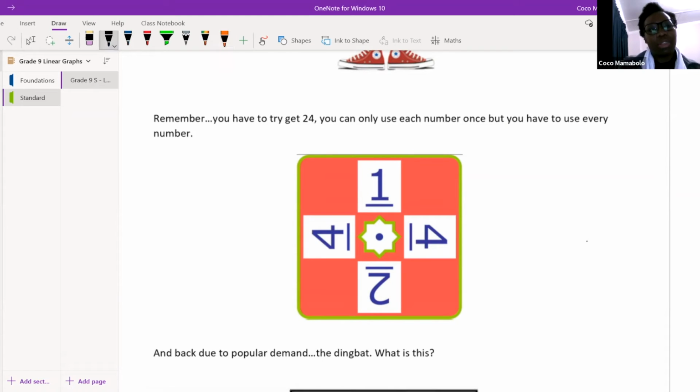Yes, the answer must equal 24. We did this last week. Did you guys do it last week? Yes, ma'am. Oh, okay. Who can give me the answer to this one? Moabi? So I think you do 4 times 4, which is 16. And then you say 16 times 2 times 1.